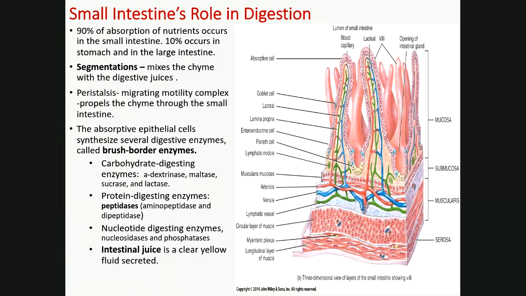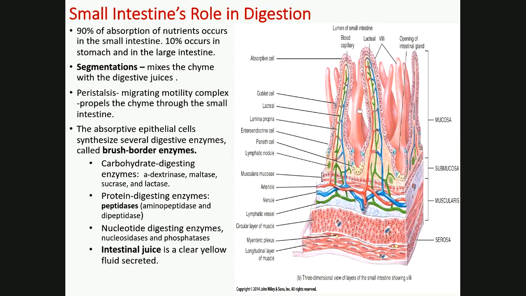So as we talked about, 99% of absorption occurs in the small intestine, and only 1% occurs in the stomach and the large intestine. Segmentation occurs in the small intestine, and it's the method of mixing the chyme with the digestive juices as it goes through.